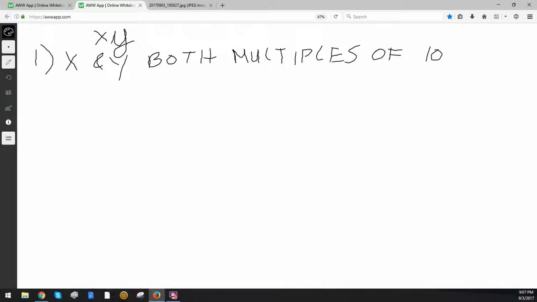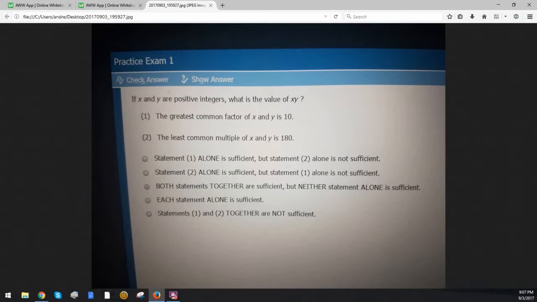If 10 is a factor of x and 10 is a factor of y, then x and y are both multiples of 10, because if a is a multiple of b, that means b is a factor of a, okay? If one number is a factor of another number, it means the other number is a multiple of the first number. It's like saying if one man is another man's father, that man is the other man's son.